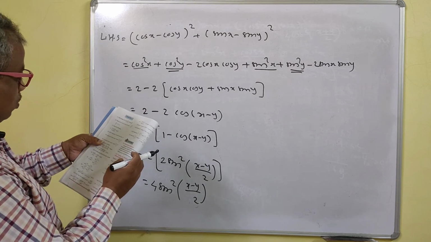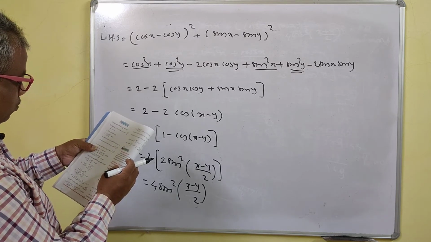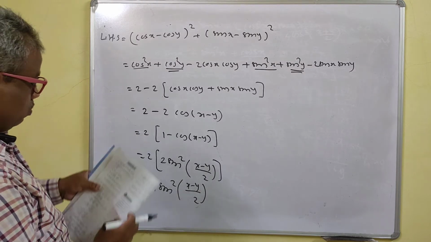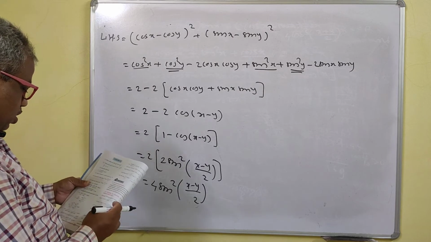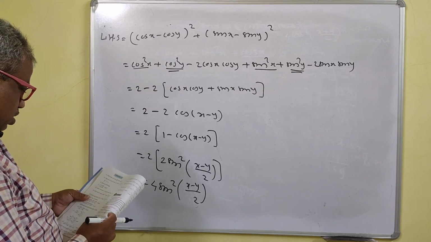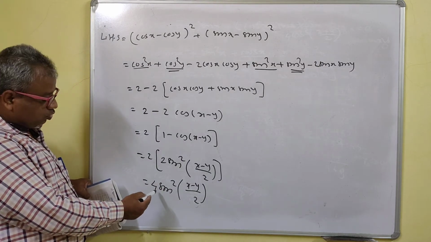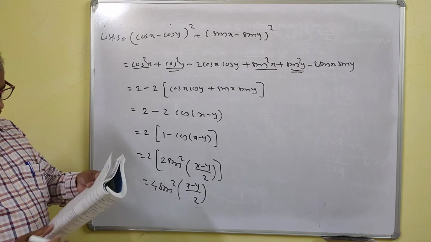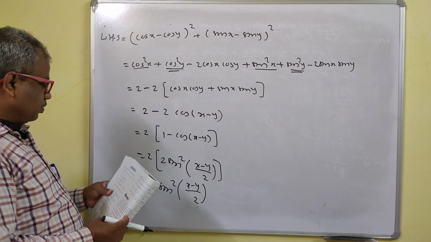Cos x minus cos y plus sin x minus sin y, bracket square, is equal to 4 cos square. Okay, just correct that one. Show that, correct the problem now. So what is your answer there? 4 cos square x plus y.